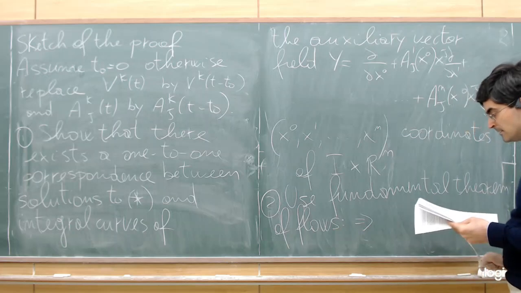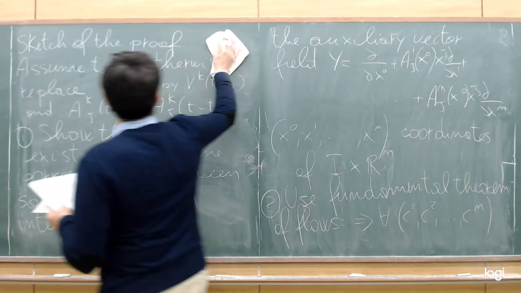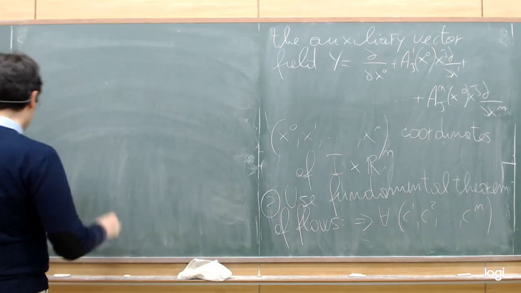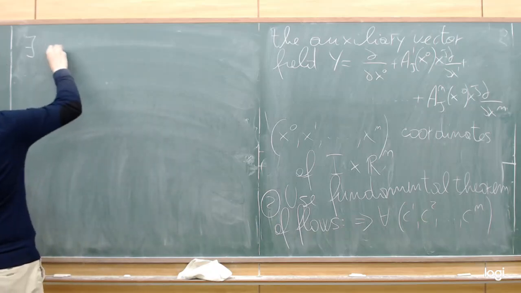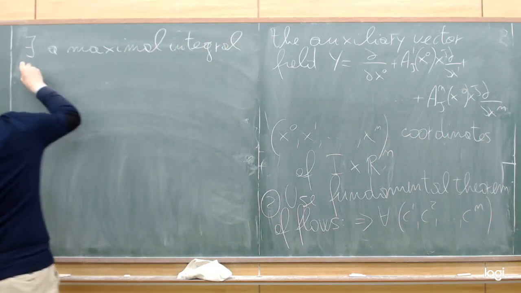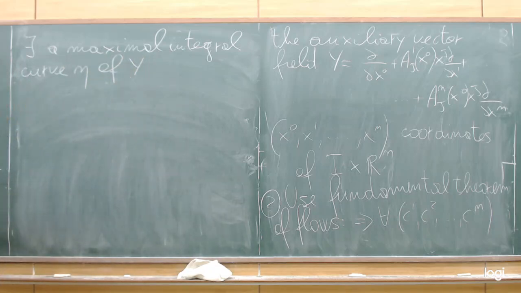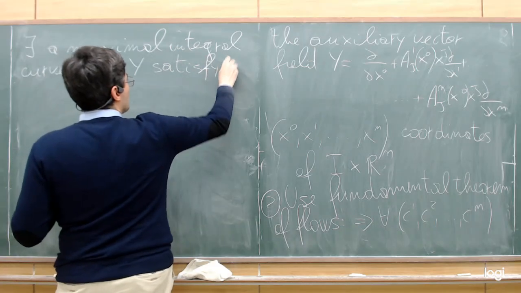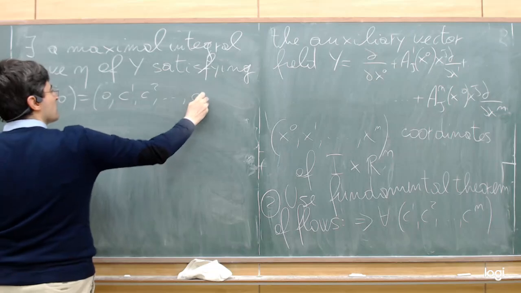This implies that for each C1, C2, ..., Cn, there exists a maximal integral curve eta of Y, satisfying eta(0) equal (0, C1, C2, ..., Cn).